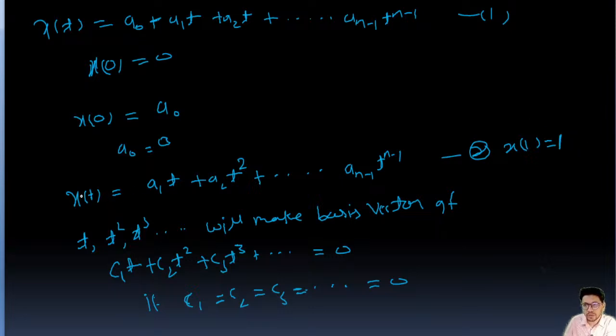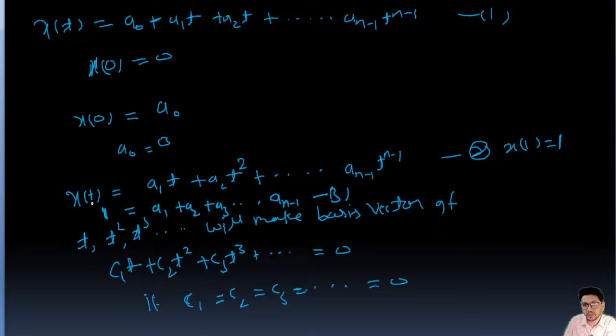So if you put this in equation 2, we get 1 = a1 + a2 + a3 + so on + a(n-1). This is equation number 3.